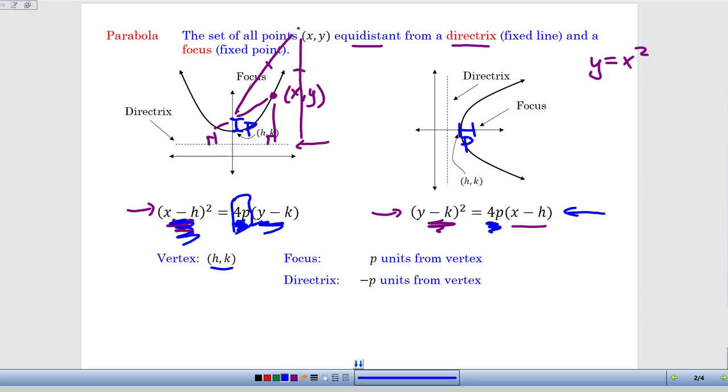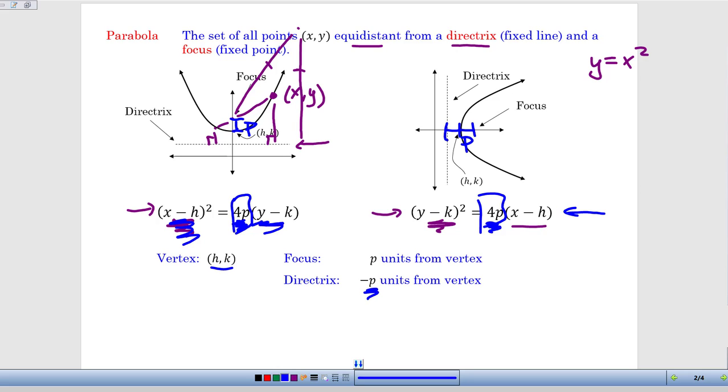Whatever number we have undistributed out in front of the variable on the opposite side of the equation from the squared variable, that number is 4 times that distance, p. We're going to use that number p to figure out the location of the focus, and we're going to use it to locate the directrix, because we're just going to move the opposite direction that same distance, negative p units.